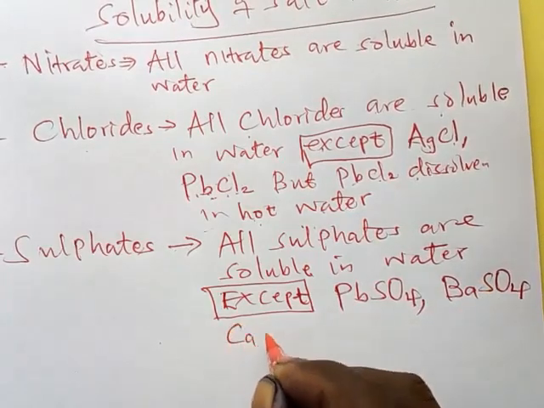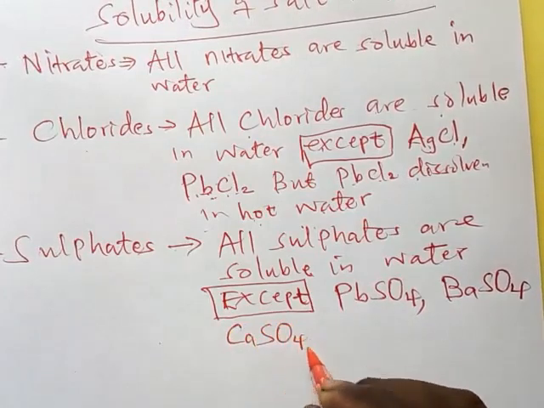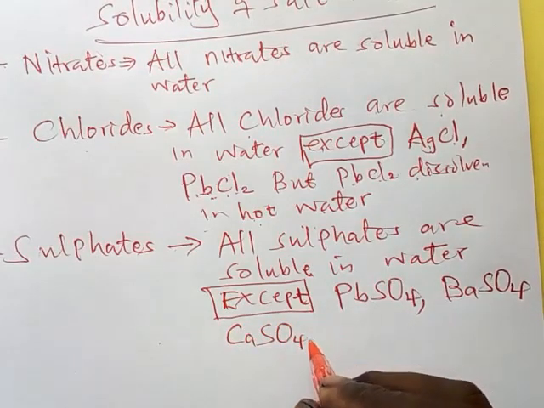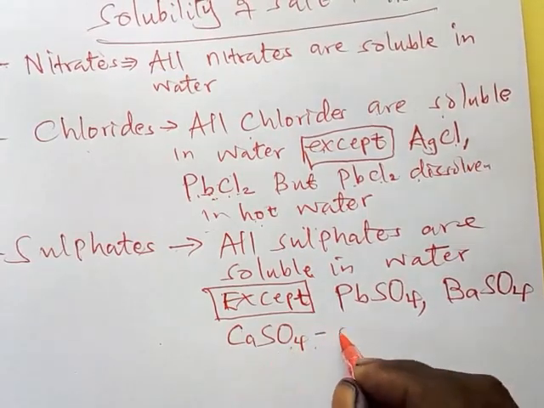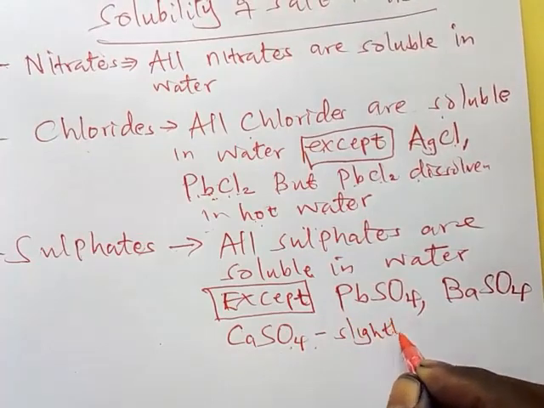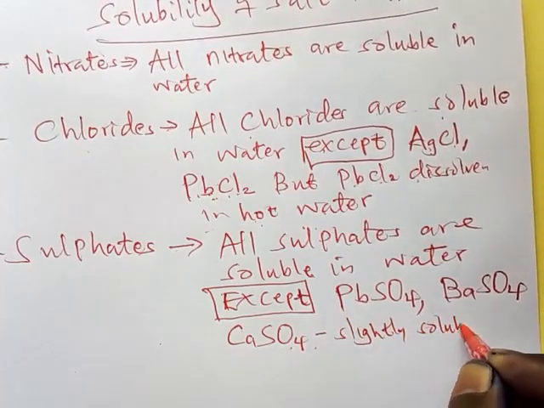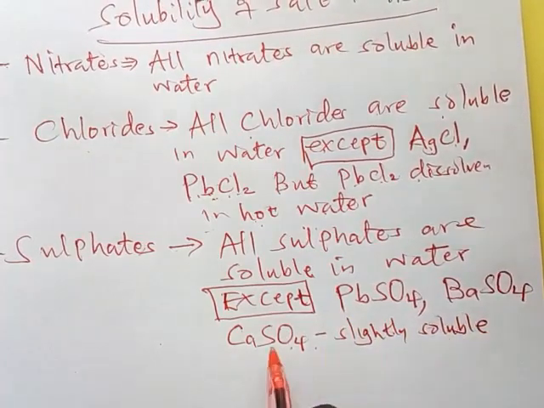But calcium sulfate is insoluble in cold water. It is just slightly soluble. If you dissolve calcium sulfate in water, it forms a white precipitate, but it is slightly dissolved.